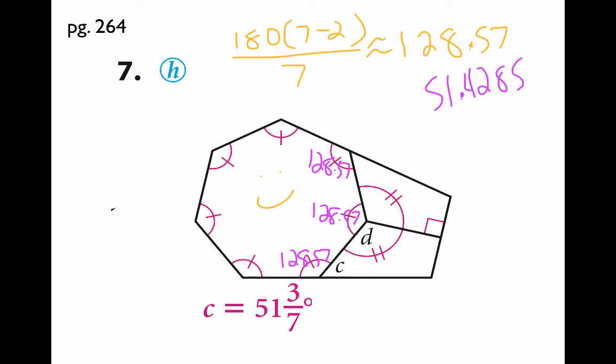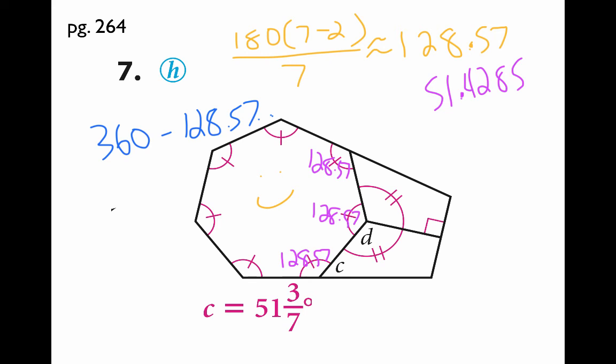Okay, now this little spot right here, let me do that one more time. This spot here, those three angles all add up to 360. So we're going to take 360 degrees minus 128.57-ish.